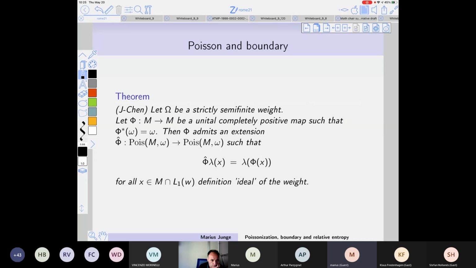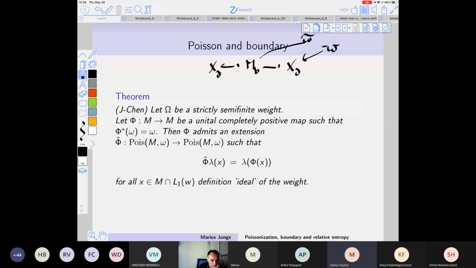Also, what we can prove is that if we have a boundary situation, so we go from X contained in M, some kind of boundary and bulk, back to X, and the weight is chosen here and then extended to the weight here, then the Poisson algebra and the boundary are compatible.